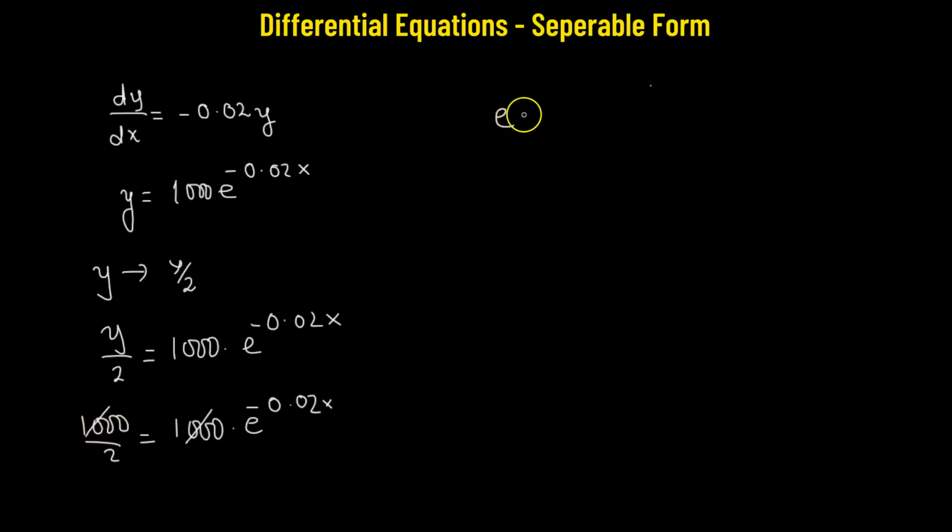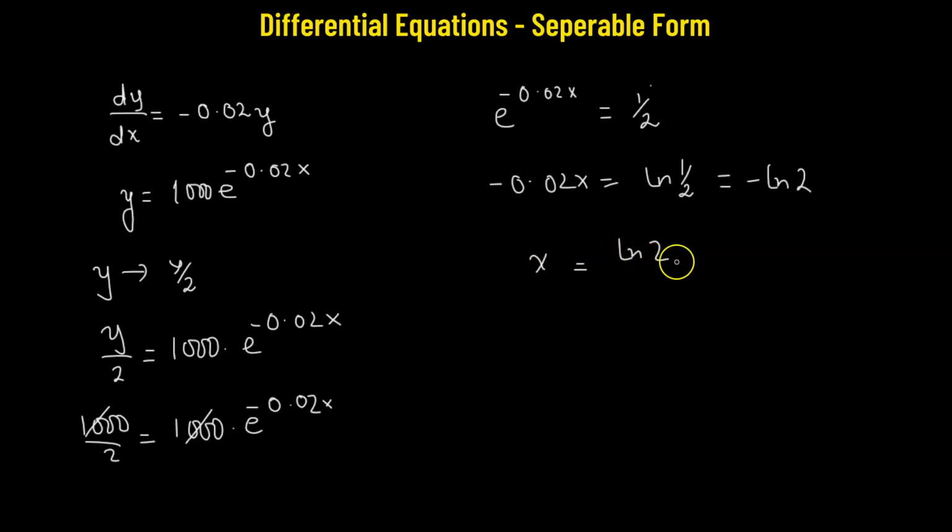We have e raised to the power of negative 0.02x equals half. Let's take the natural log on both sides. This will be negative 0.02x equals natural log of half, and natural log of half is also negative log of 2, such that x will be equal to log of 2 divided by 0.02. Let's obtain this value.